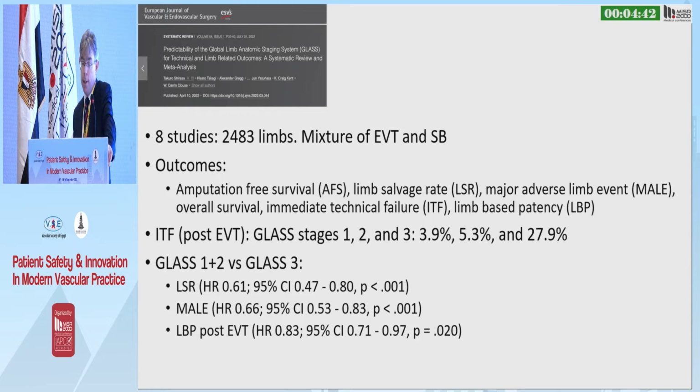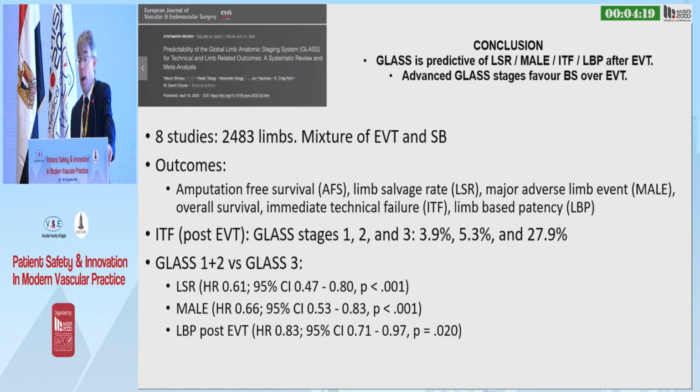The take-home message is that the more severe your GLASS staging, the worse your outcomes, in terms of amputation-free survival, limb salvage, major adverse limb events, but also technical and early failure.